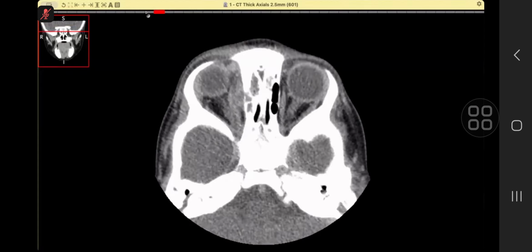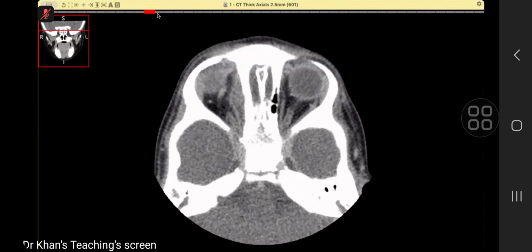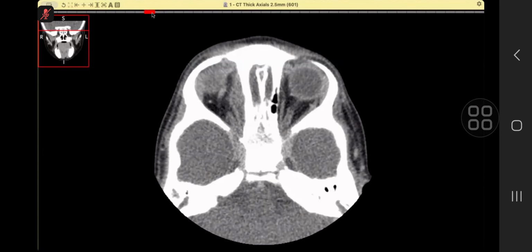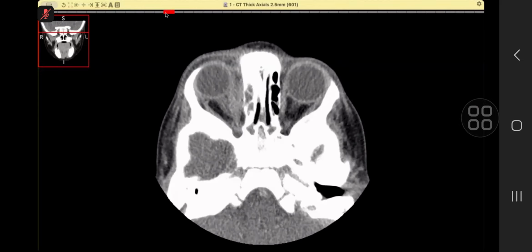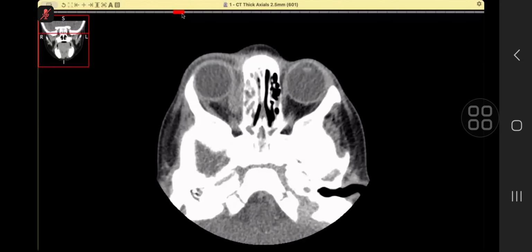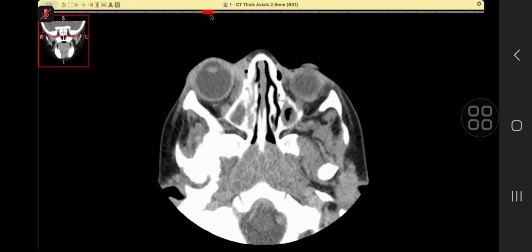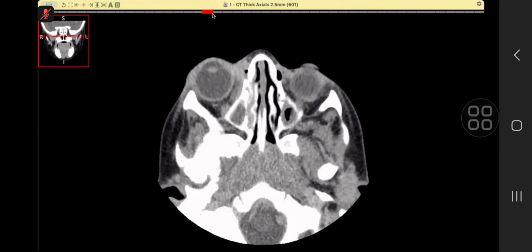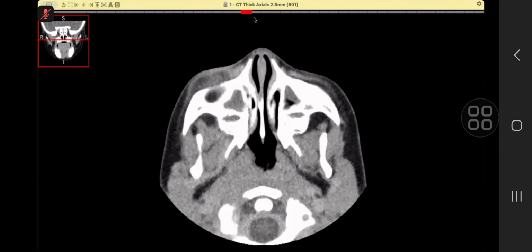I can appreciate that there is an ovoid shaped area of increased density noted on the medial aspect of the right orbit, and it is causing lateral deviation of the right medial rectus muscle. There is mild proptosis of the right eye as compared to the left side, as well as mild preseptal soft tissue thickening and enhancement noted.